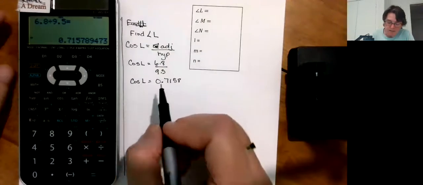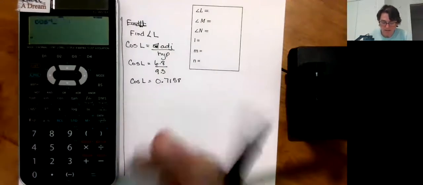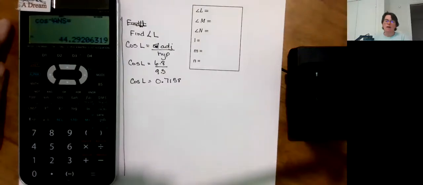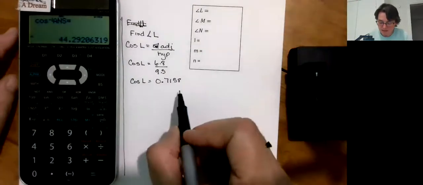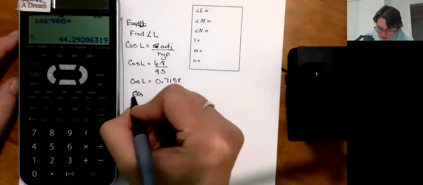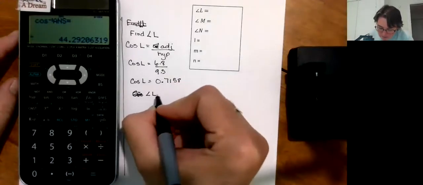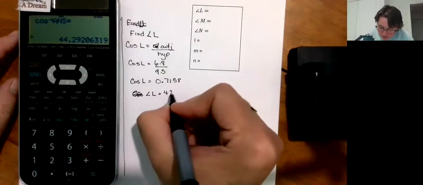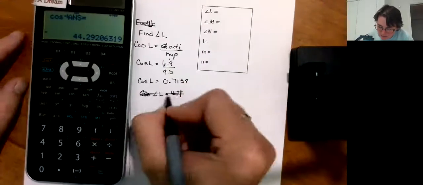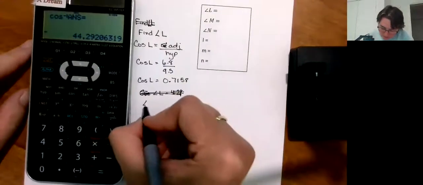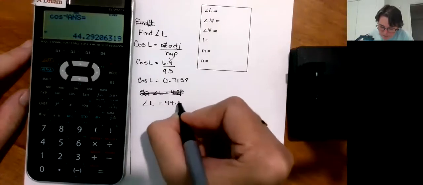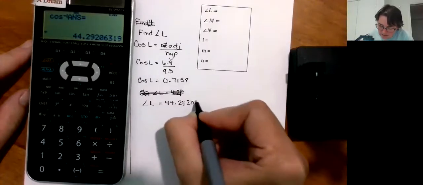I want my angle, so I'm going to have to go second cos, and on my calculator, I can just hit the button and it goes automatically. If you had to retype that, oh, hold on, let me write that down. Cos, oopsies, no, we're at angle L is equal to 42, goodness. Okay, let's just start a whole new line. Angle L is, I'm going to write 44.29206.